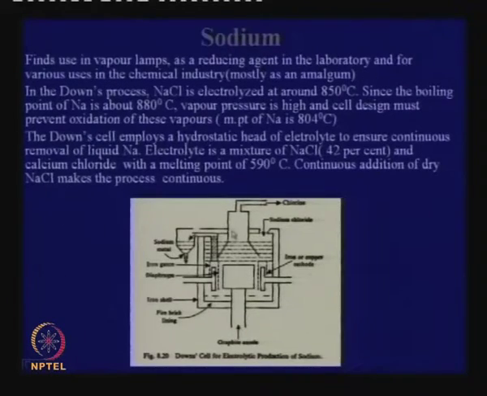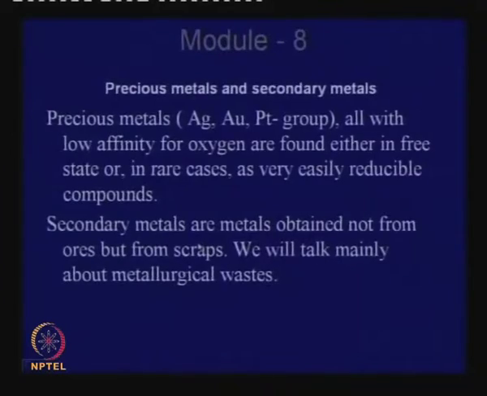In the case of sodium, chlorine is released at the central graphite anode, it escapes from there, sodium goes out, goes into an annular chamber where, because it is light, it rises and hydrostatically it is taken out, separated out. This is for sodium. So, actually the sodium never gets to react with chlorine.